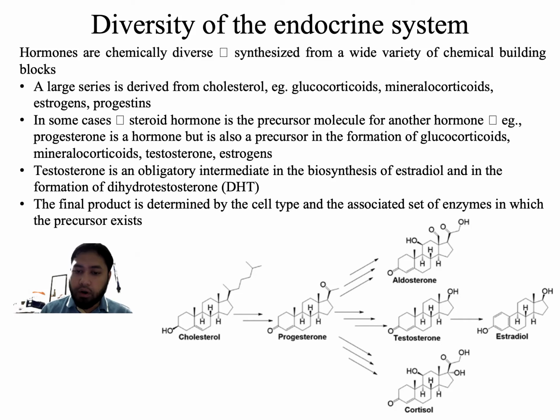And from progesterone, when it is synthesized, it will further form aldosterone, testosterone, cortisol. Not only that, once the testosterone is produced, it also can act as the precursor for the formation of another hormone, which is estradiol.